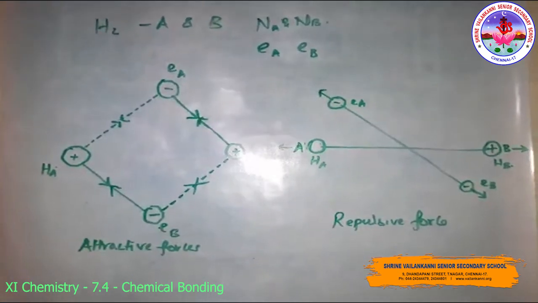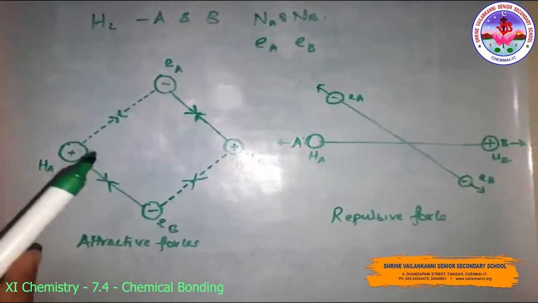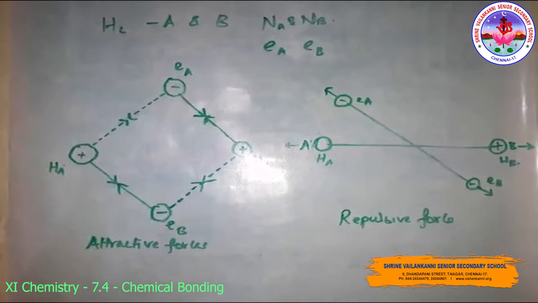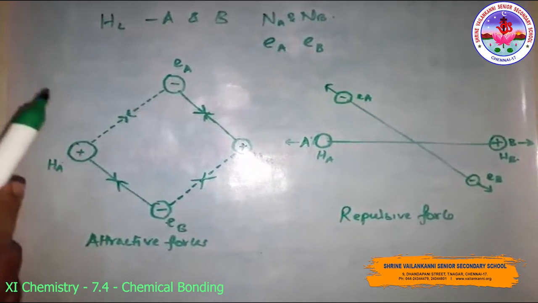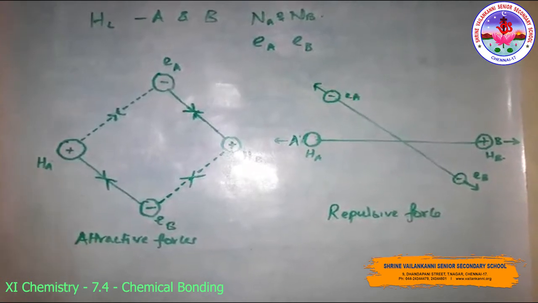When the two atoms are at a large distance from each other, there is no interaction between them. As the two atoms approach each other, new attractive and repulsive forces begin to operate.